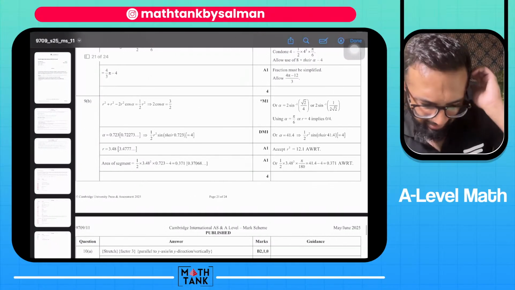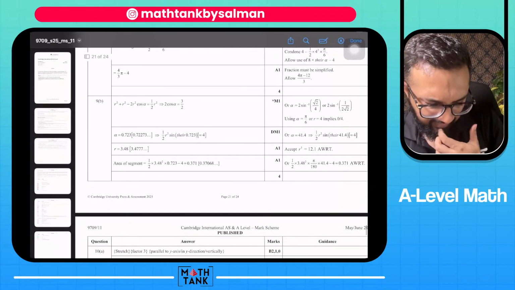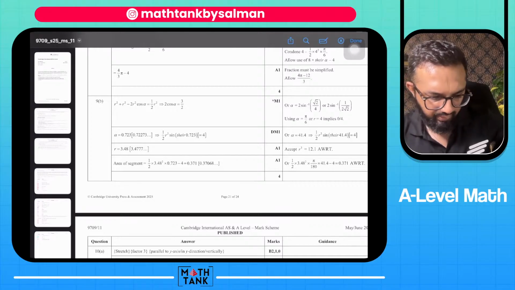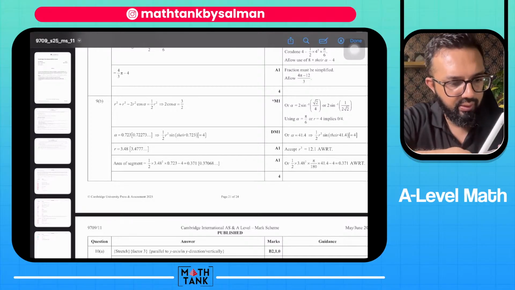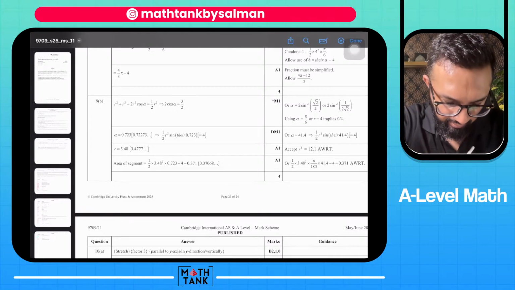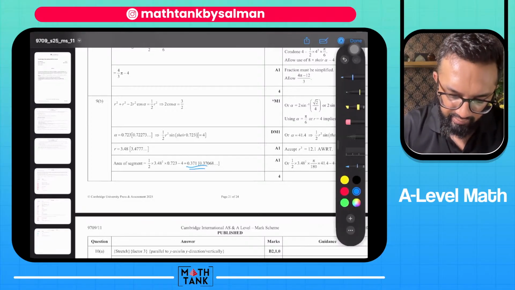There seems to be a calculation mistake here. 0.723. I'm not sure if this is correct.